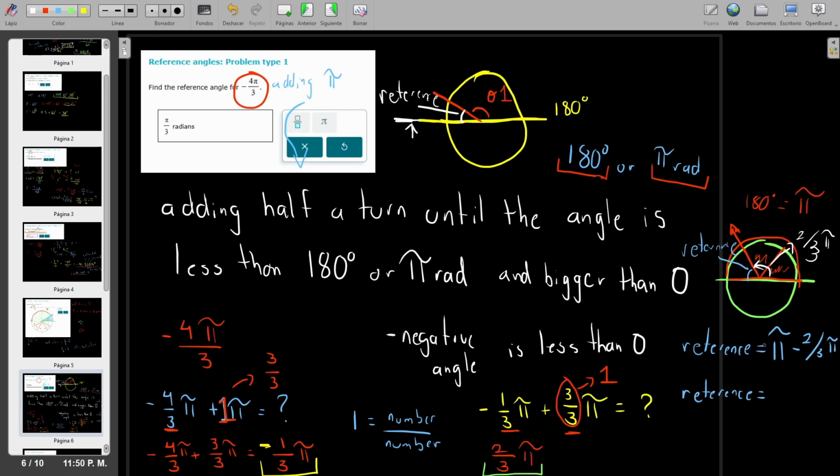Remember, 1 is 3 over 3 pi minus 2 thirds of pi. The reference is going to be 3 minus 2, 1. The denominator stays the same, 1 third of pi. This is the answer to this problem.